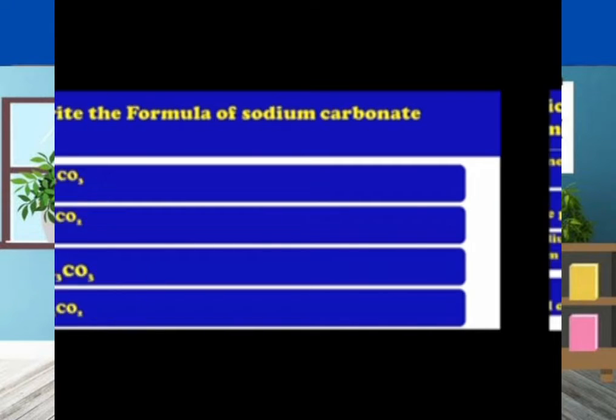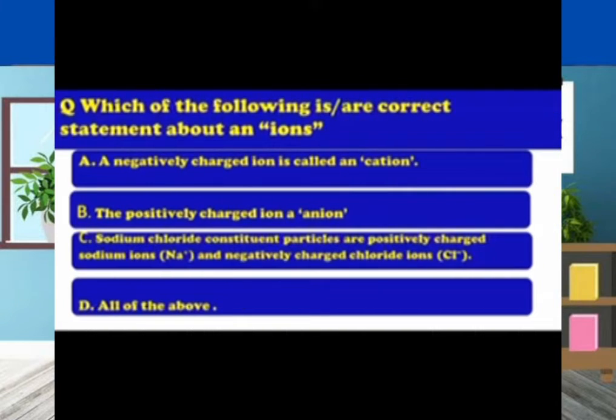Next question. Which of the following is the correct statement about ions? We already studied about ions. A metal and non-metal combine together and form ions. Here we have four options.